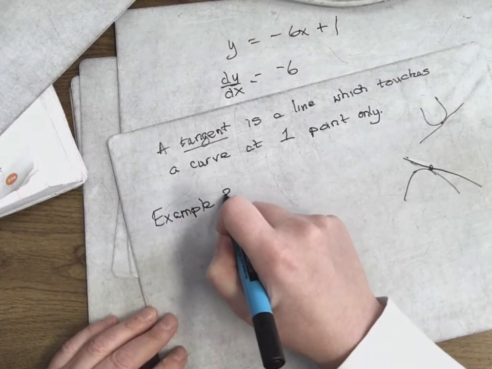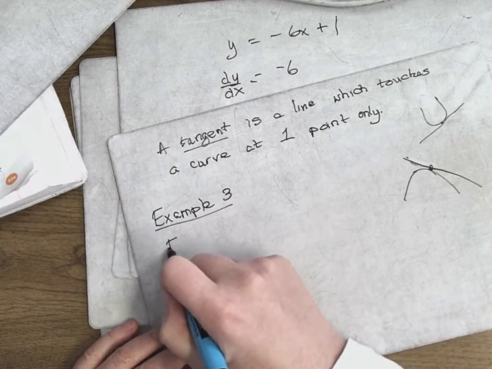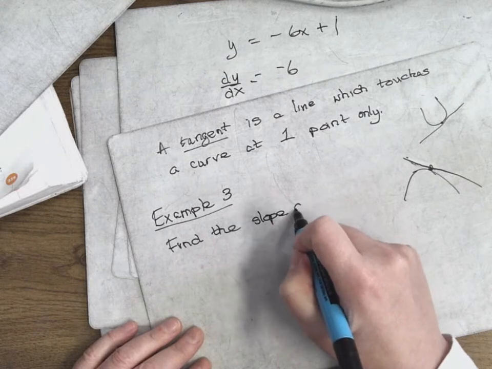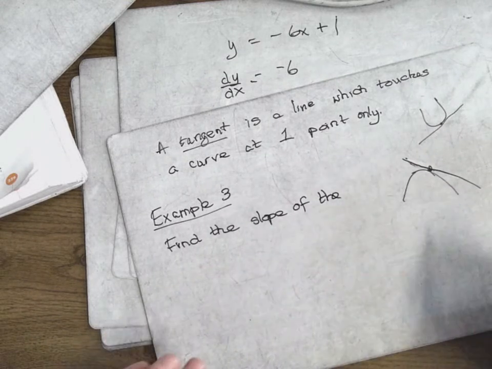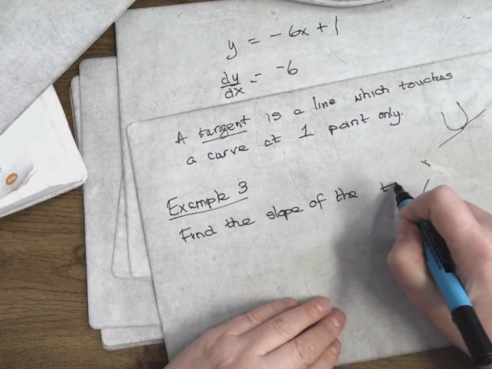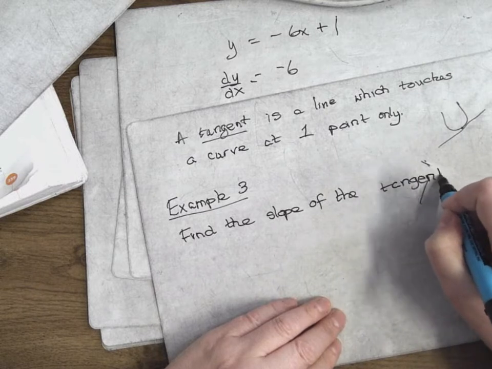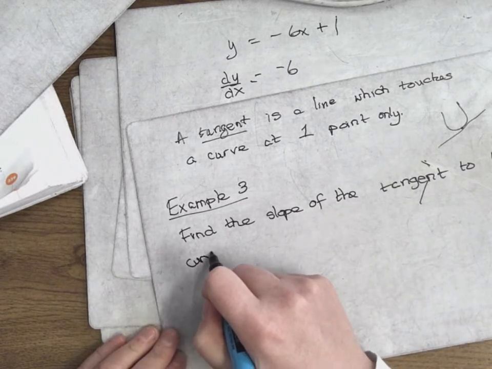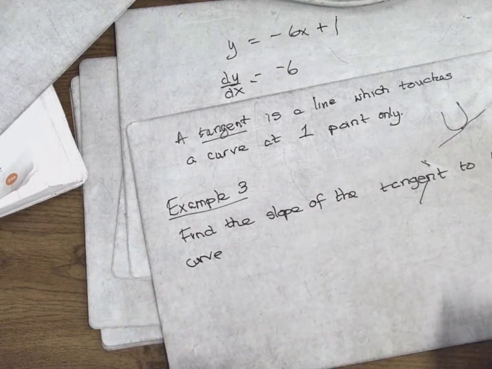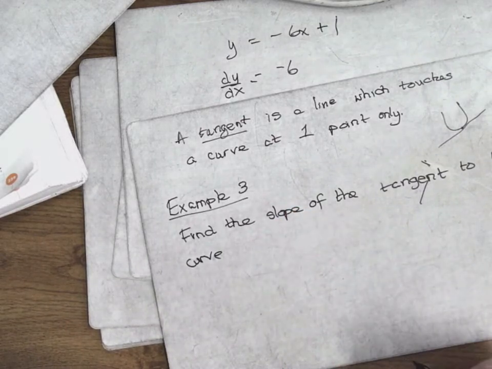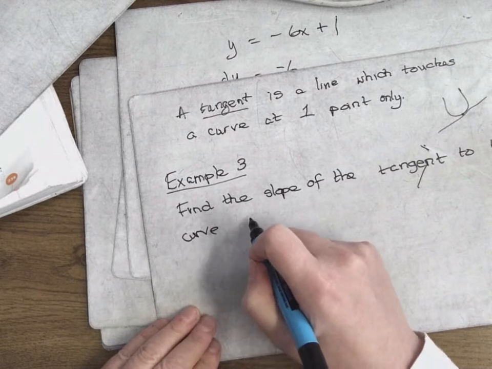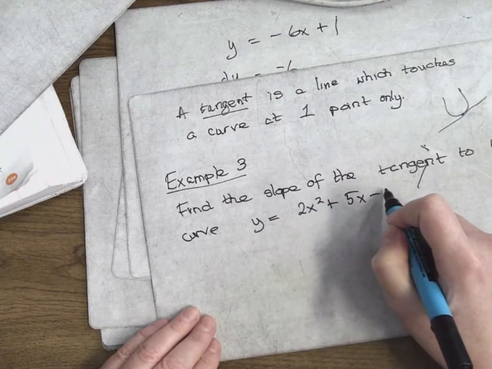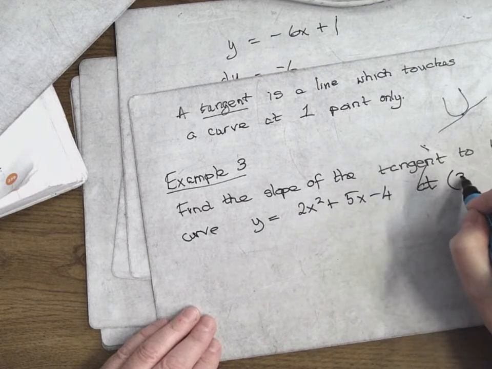Right, so I'll go example 3. Curve, let's say y equals 2x squared plus 5x minus 4 at the point (3, 2).